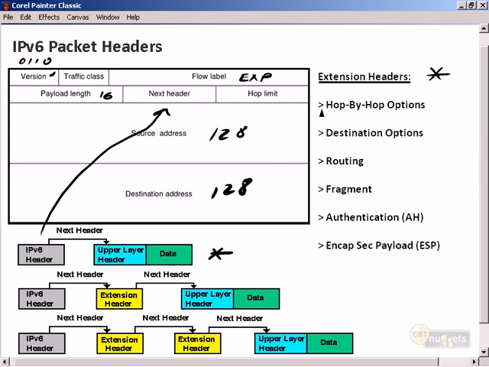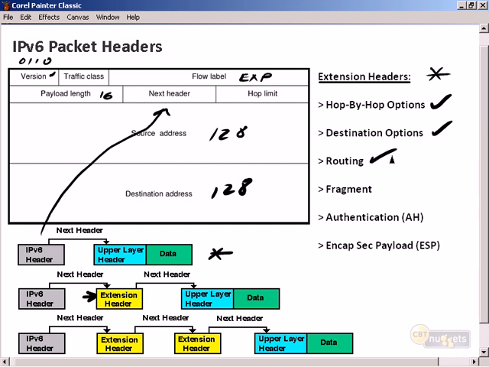Let's talk about these extension headers though, because this adds a lot of extra functionality to IPv6, and it's pretty fascinating. The hop by hop options extension header, which could be, let's say, right here, is used to carry data that has to be examined by all routers along the packet's path. The destination options, just like it says, carries information meant for the packet's destination node.